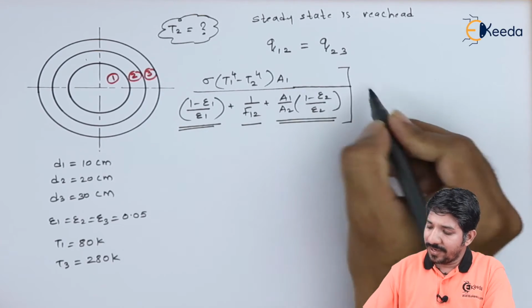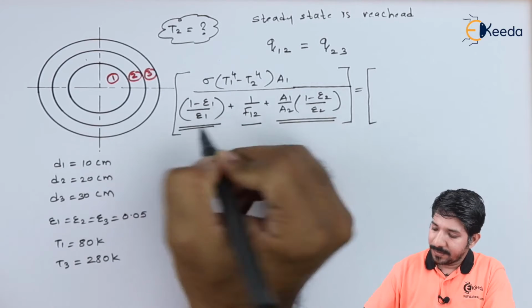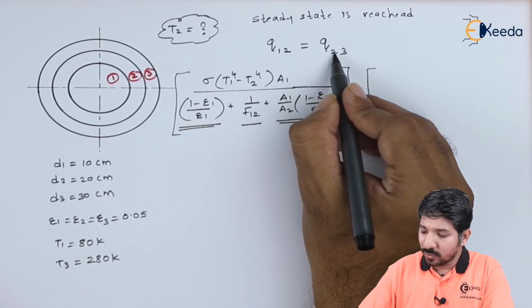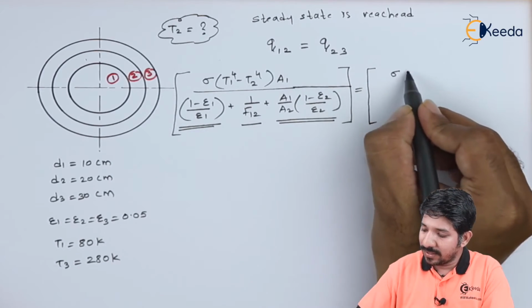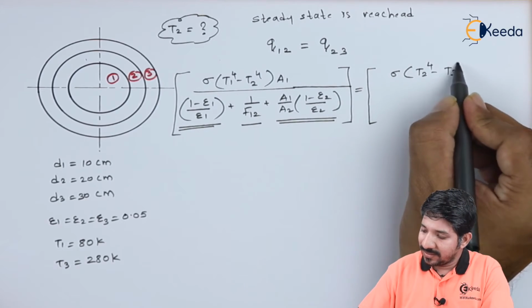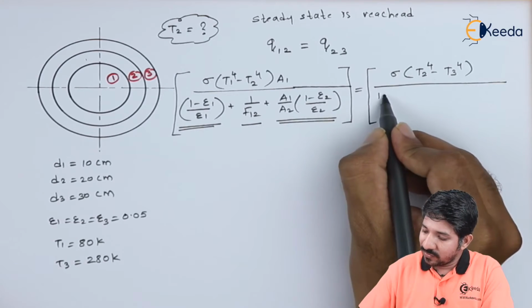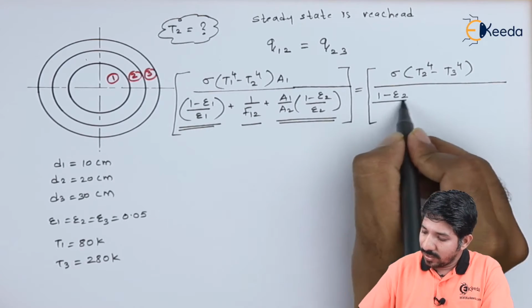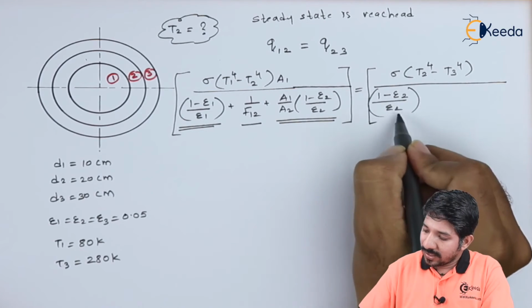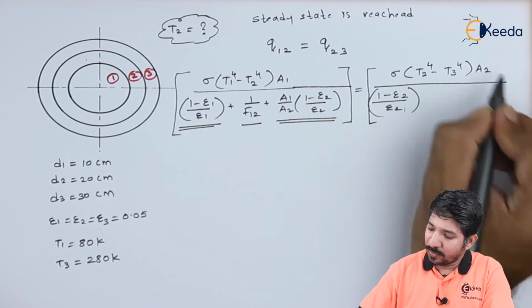So these two talk about surface resistance and this one talks about the shape resistance. This we are going to equate with the heat transfer from 2 to 3. So this can be written as sigma (T2 raised to 4 minus T3 raised to 4). In the denominator, obviously I can write down (1 minus emissivity 2) upon emissivity 2. Now this A2 I have taken outside and written in the numerator.